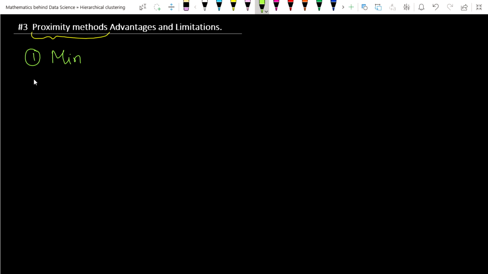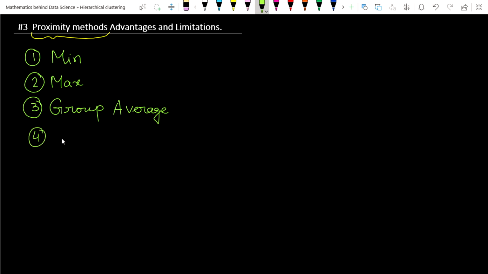The first one is the mean method, the second one is the max method, the third is the group average method, the fourth one is the distance between centroids method.